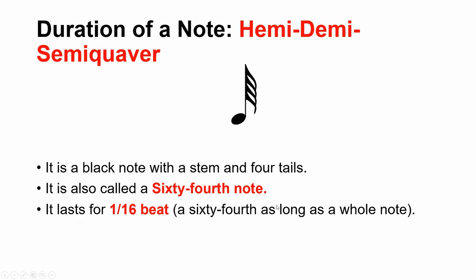So if a whole note is 4 beats, then the hemi-demi-semi-quaver or the 64th note would last for a 16th of a beat. All right. So those are the 8 types of notes you'd see in music.